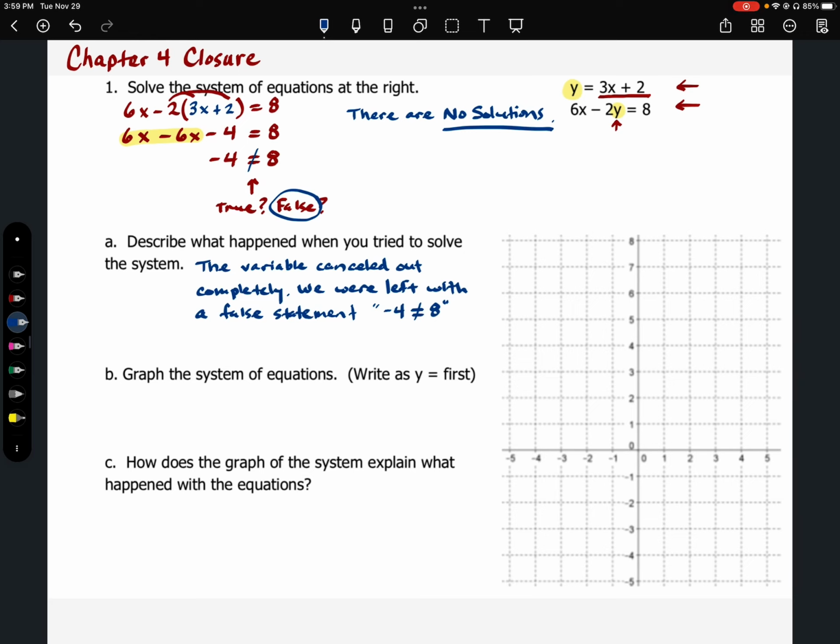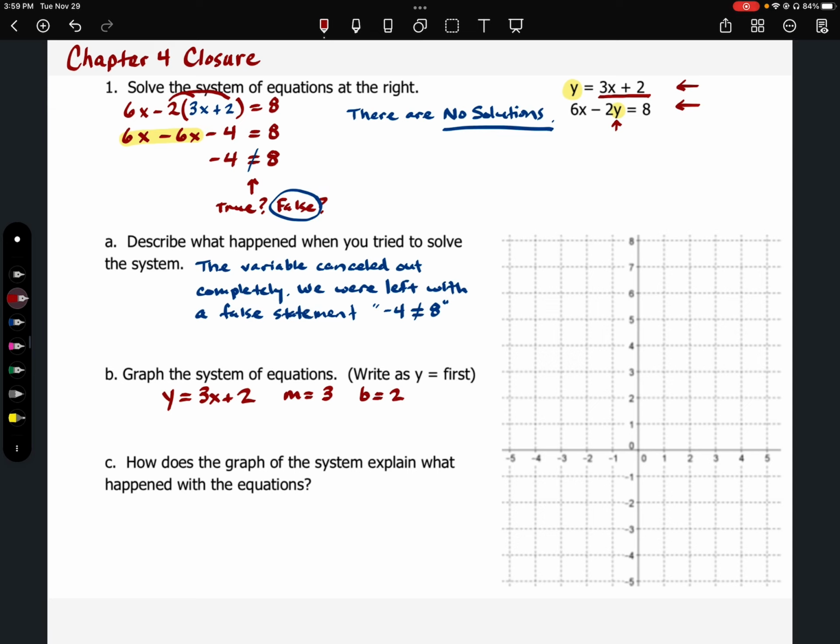Okay, so it now asks us then to graph the system of equations. So we're going to need to make sure they're both written in that y equals form first. So the first one I think already is, right? We have y is equal to 3x plus 2. We'll graph that one in red. So our slope is 3 and our y-intercept is 2.